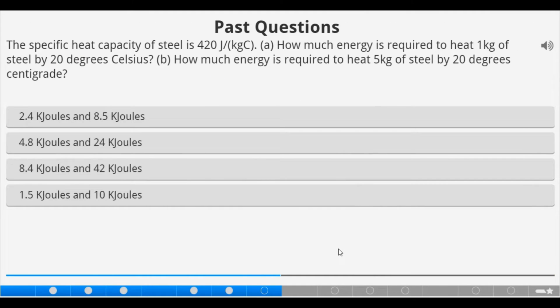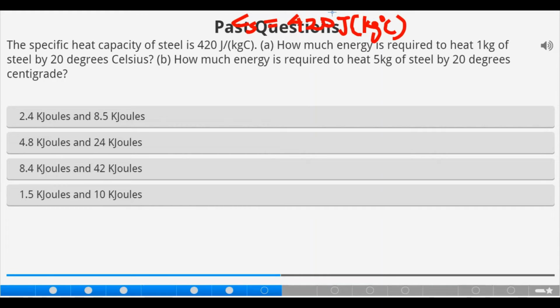So let's also deal with this past question, and solve it and check for the answer. The specific heat capacity of steel is 420 joule per kilogram per Kelvin. So c that is attached to steel is 420 joule per kilogram per Kelvin.